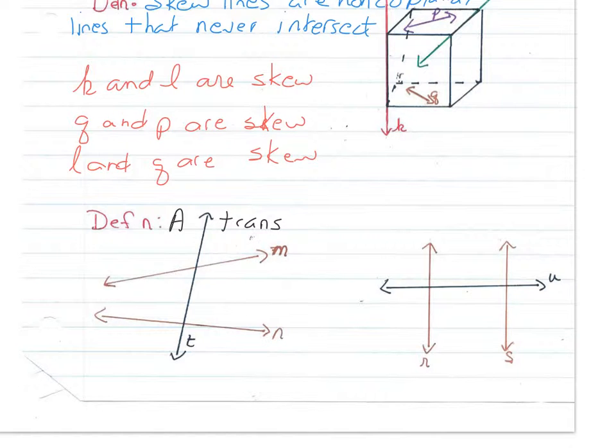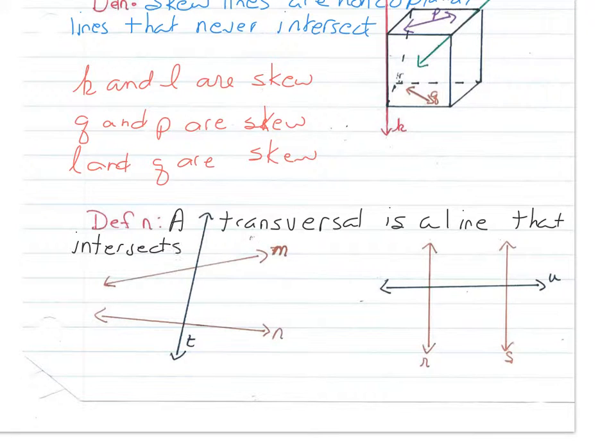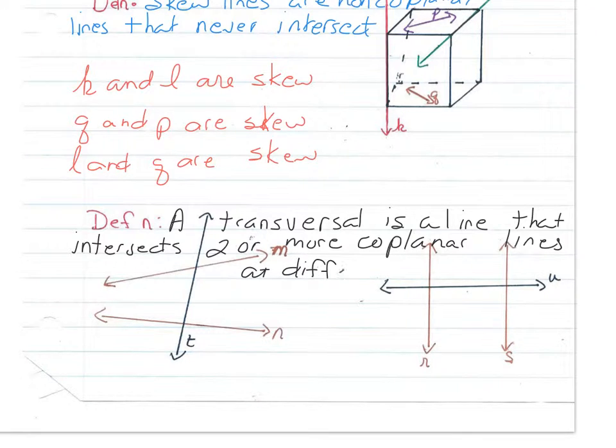A transversal is a line that intersects two or more coplanar lines at different points. And we will be seeing transversals through the rest of the year.